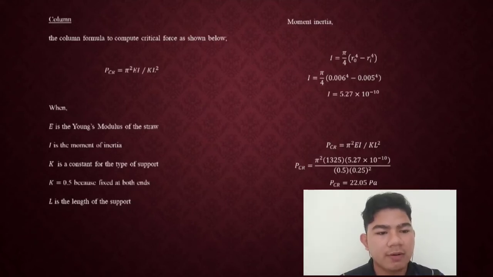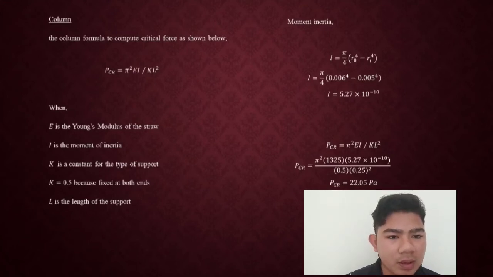Okay, for moment of inertia, we substitute the value of pi to calculate the moment of inertia: pi over 4 times R to the power 4 minus r to the power 4.